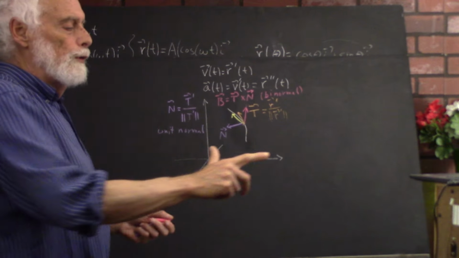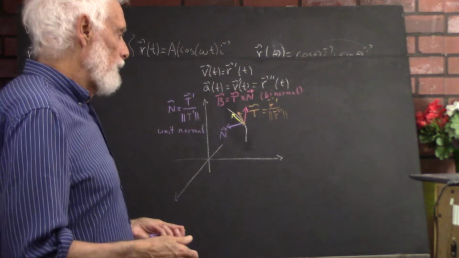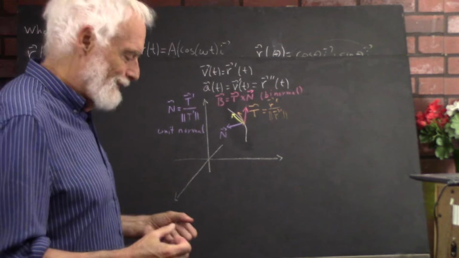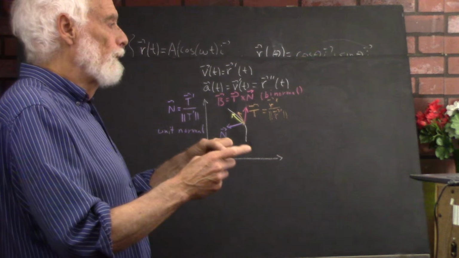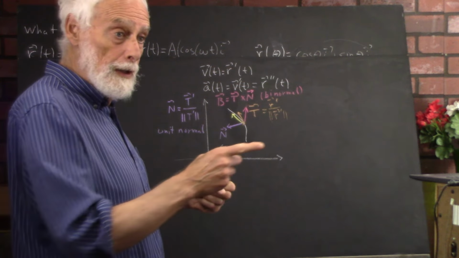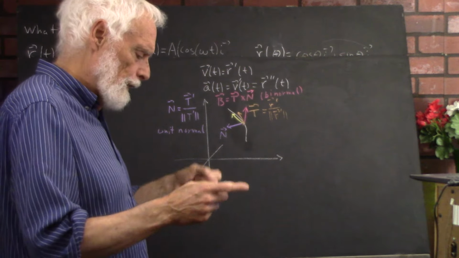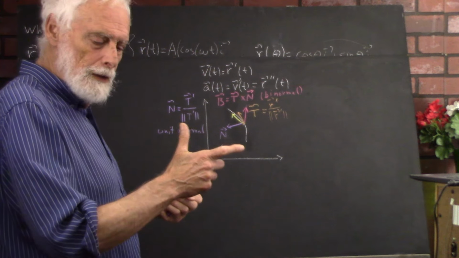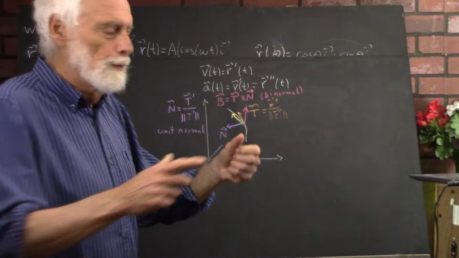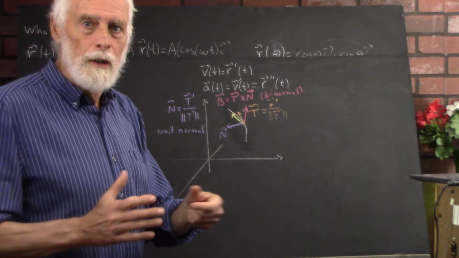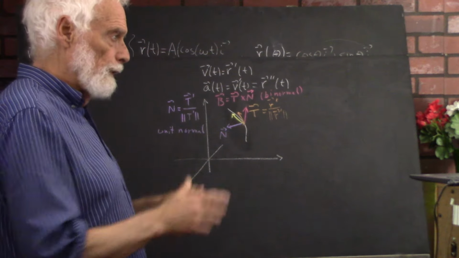Your unit tangent vector, if you're driving your hybrid airplane car and you're going through the air in 3 dimensions, if you're looking forward, you're always looking in the direction of the unit tangent vector, assuming you don't get a little yaw in your motion. If you're driving your car on a road, you're pretty much always looking in the direction of your unit tangent vector if you're looking straight forward.